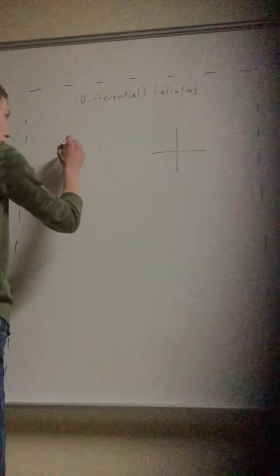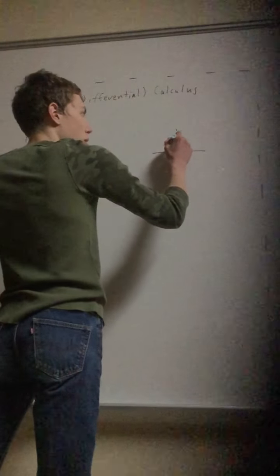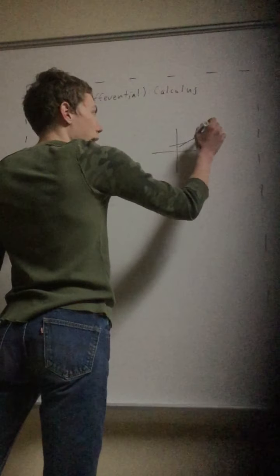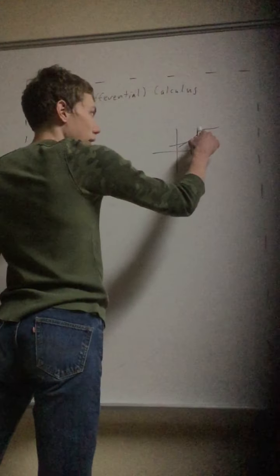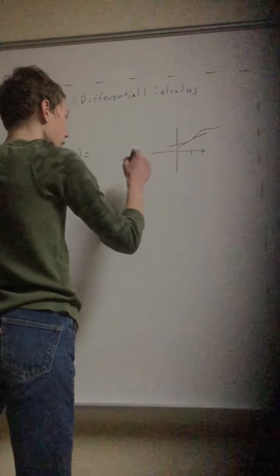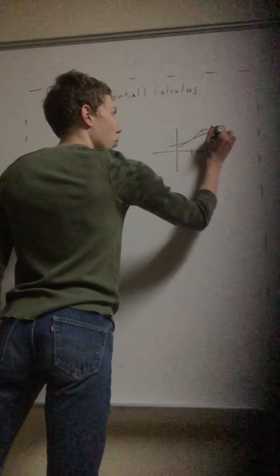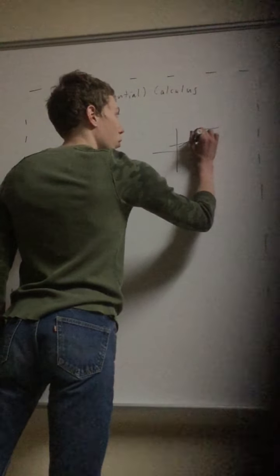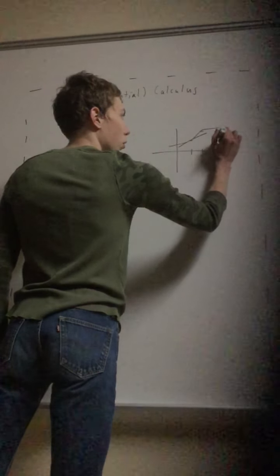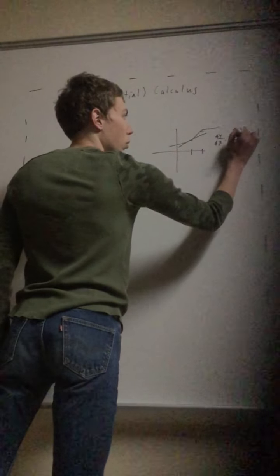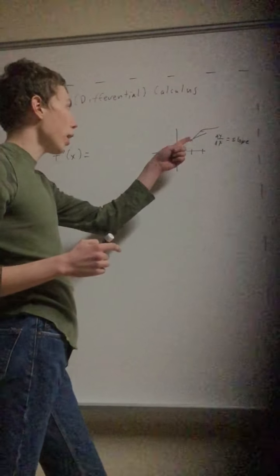The idea behind this is, how do you find the slope of the tangent line? Well, if it was constant, you could just take the change in y divided by the change in x. And this would be the slope, but it's not constant.